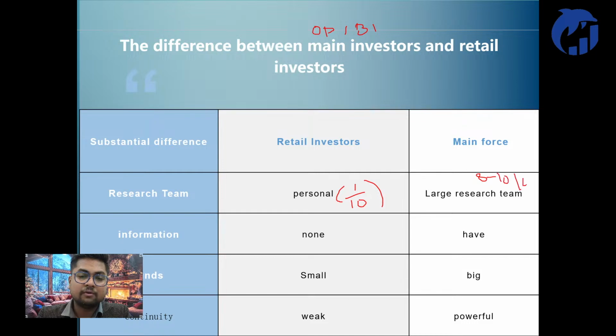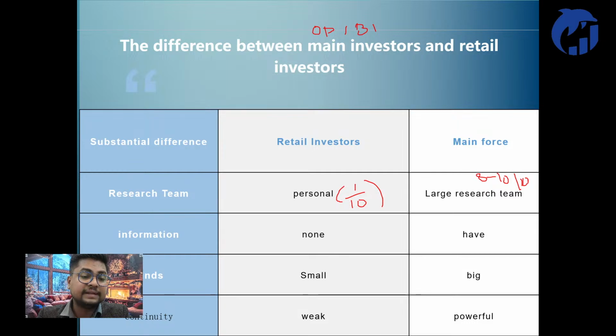This is the level of research they do, and they are right and make a profit in 8 of the 10 stocks they enter, because they have a large research team. And among retailers, only 10% are making money.